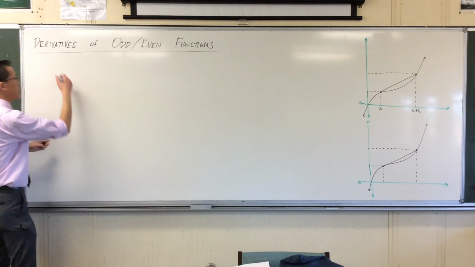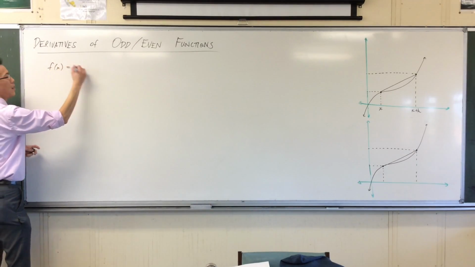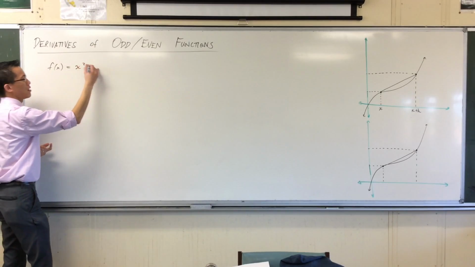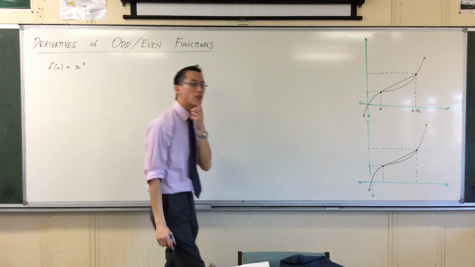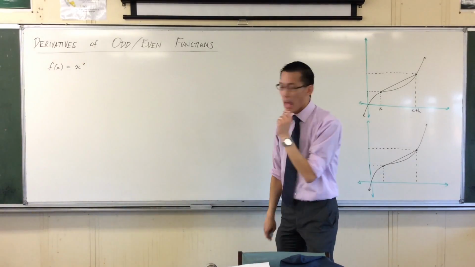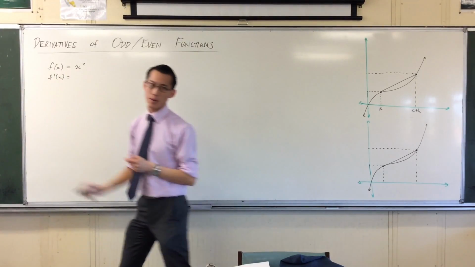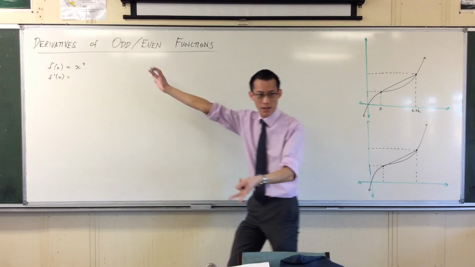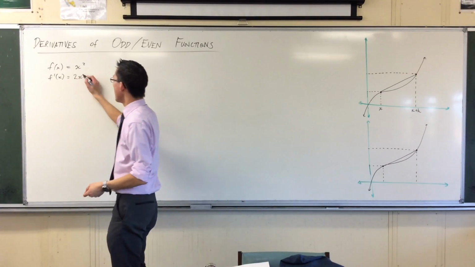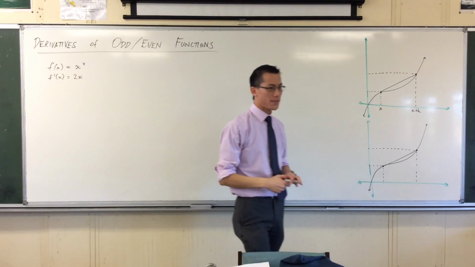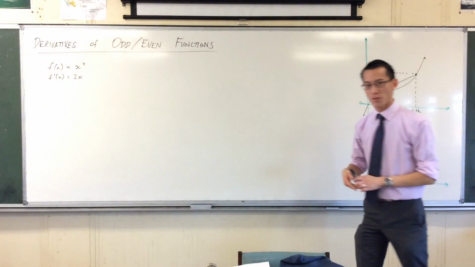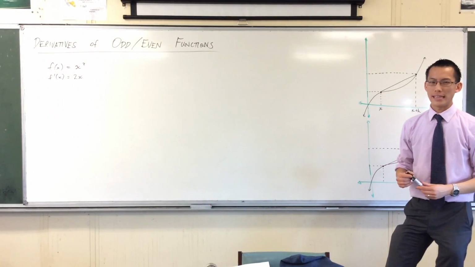For instance, this one here is your quintessential even function. And we already know on the basis of this, what's our derivative? You should just be able to read it off: 2x, very good. Now, x squared is an even function, and its derivative, f dash, is odd.